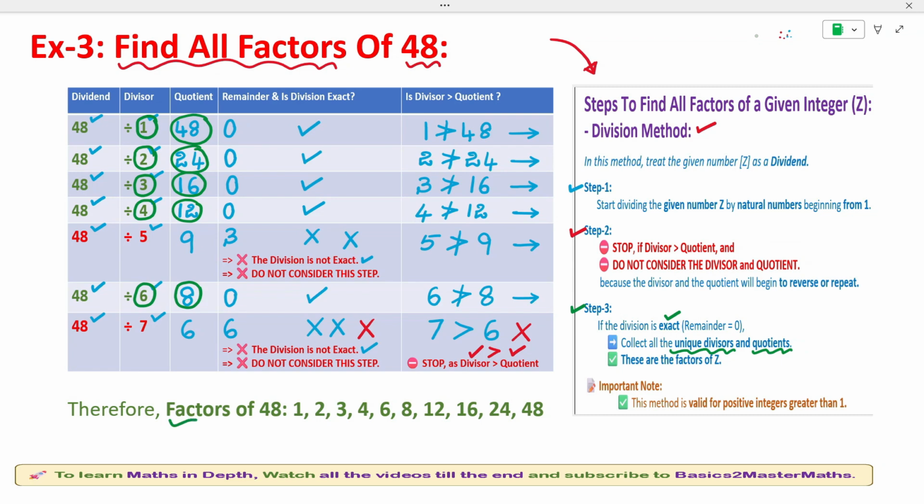Therefore, factors of 48 are 1, 2, 3, 4, 6, 8, 12, 16, 24, and 48.